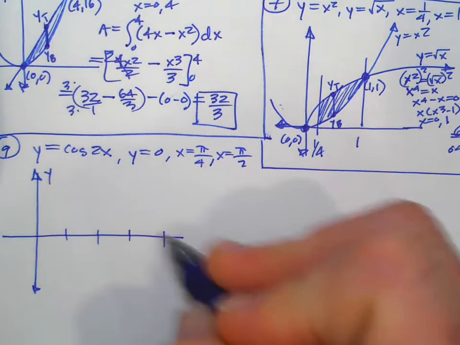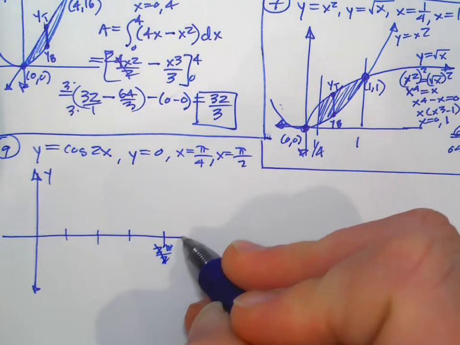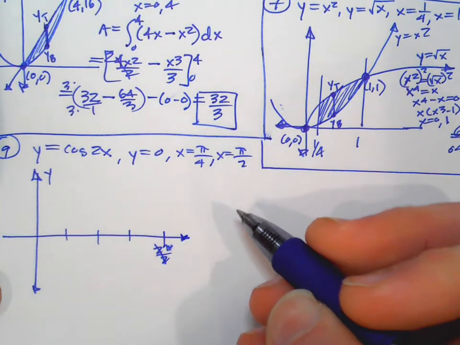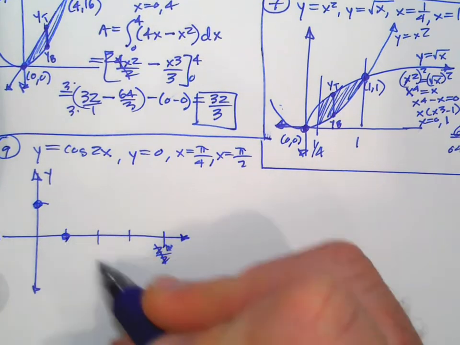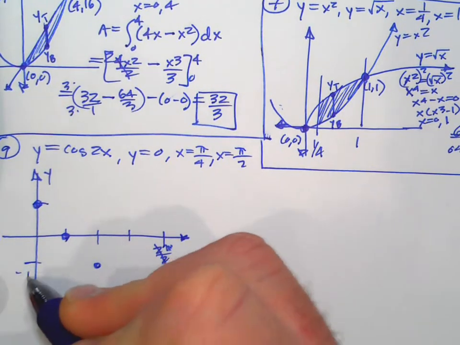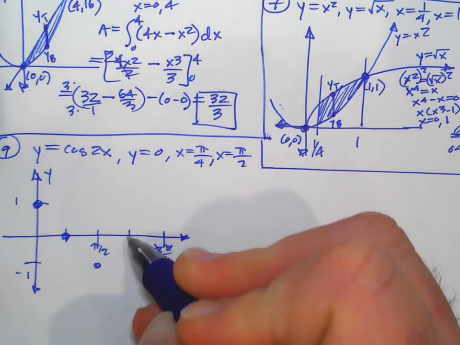So this is usually 2 pi, but there's a 2 here, so it gets divided by 2. So the period is pi. And the cosine curve starts here at 1, it goes to 0, it goes to -1. This is at pi over 2, goes back up.